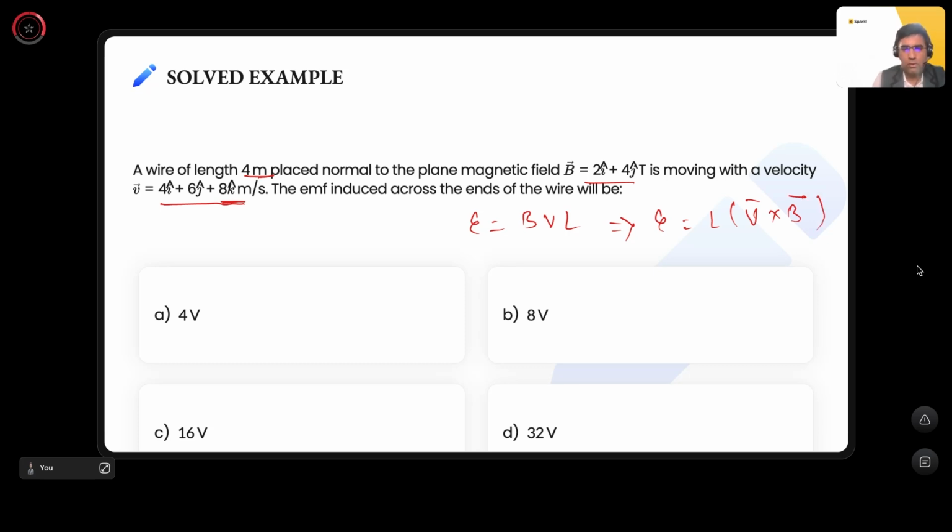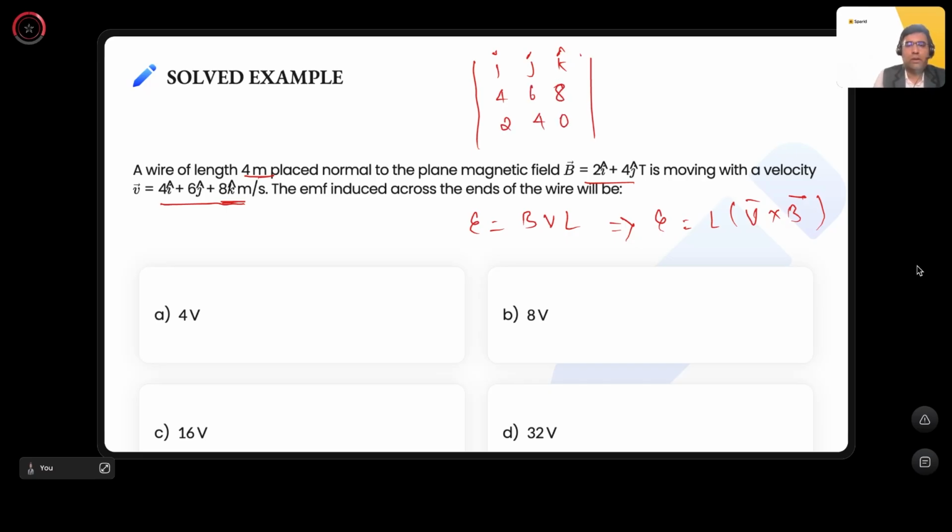Now let's do it. If we do V cross B, I'll form the matrix. It will be i cap, j cap, and k cap, then 4, 6, 8, and B is 2, 4, and 0.